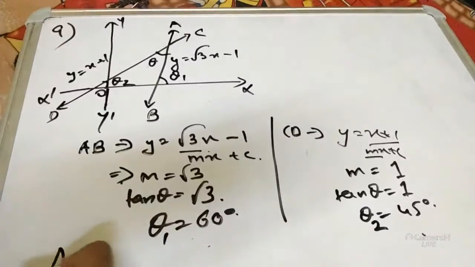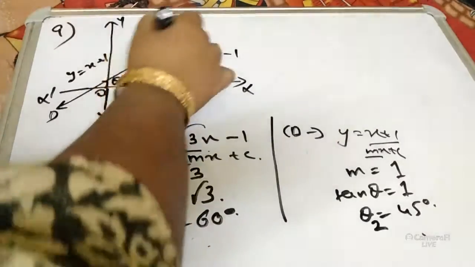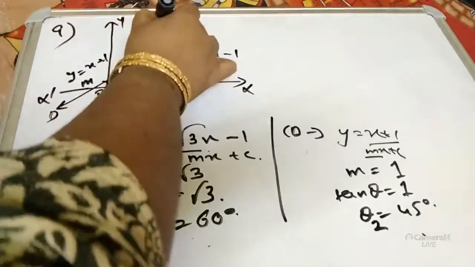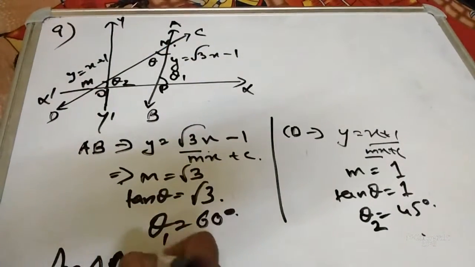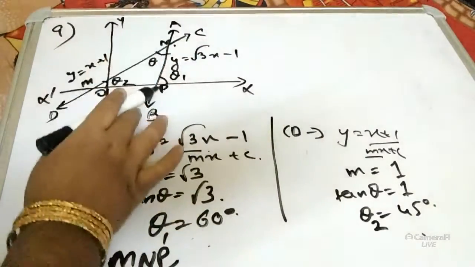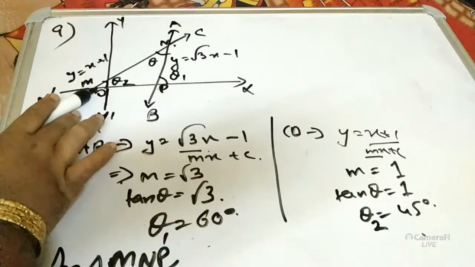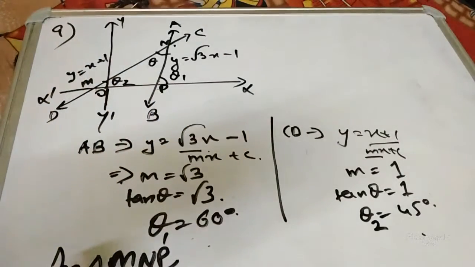Now in triangle, we name this triangle M, N and P. In this triangle, angle N and angle M are interior angles, and angle theta 1 is the exterior angle.